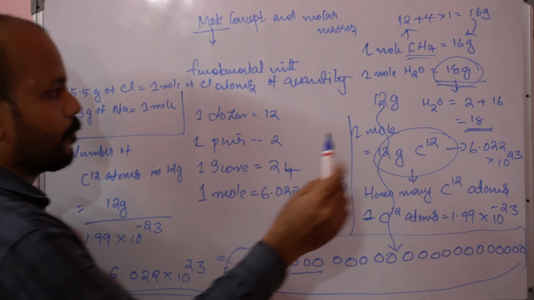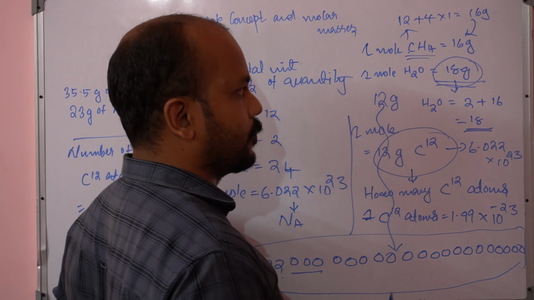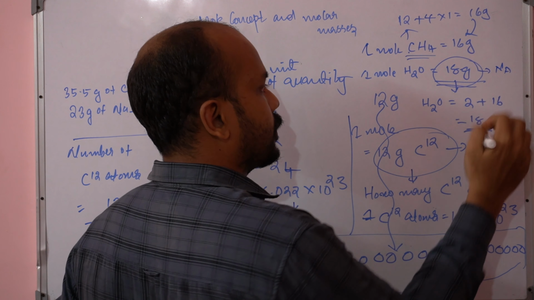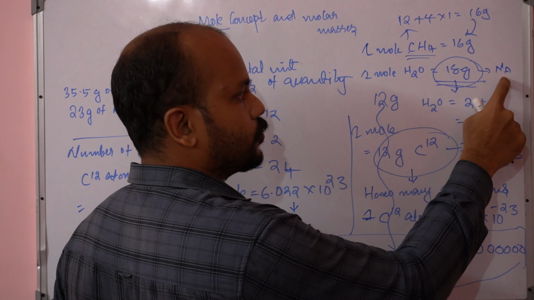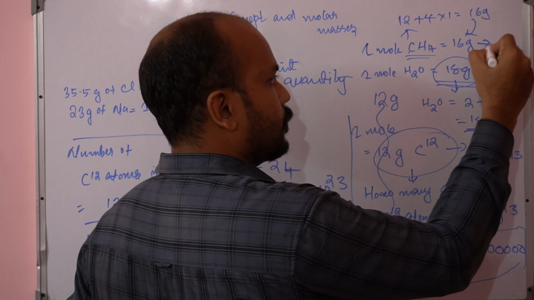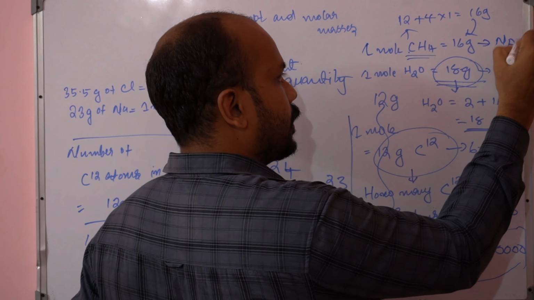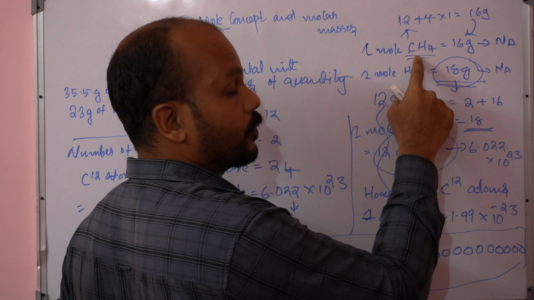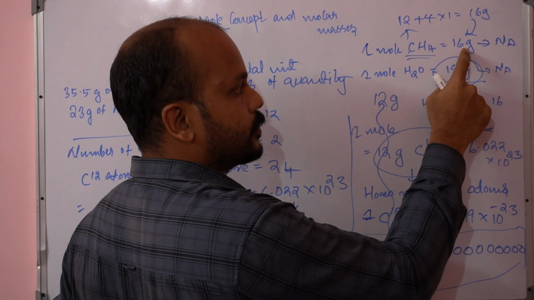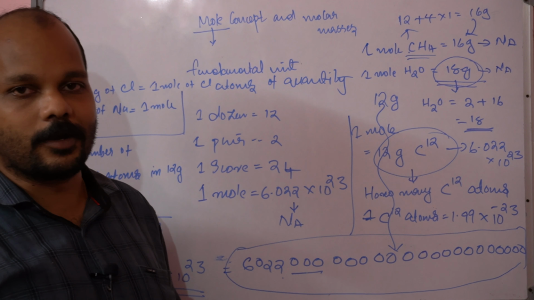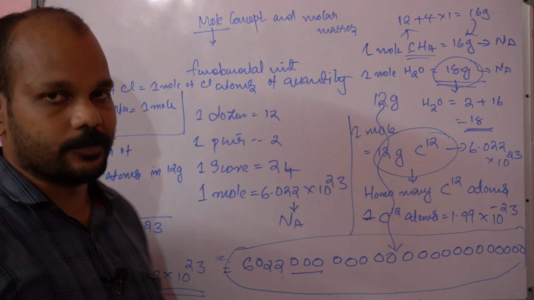For instance, 18 gram is the gram molecular mass of water. This will definitely contain Avogadro's number of particles: 6.022 into 10 raised to 23 water molecules will be there in 18 gram. In the same way, 6.022 into 10 raised to 23 methane molecules will be there in 16 gram of methane. So I hope you are clear about what gram molecular mass and the mole concept are.